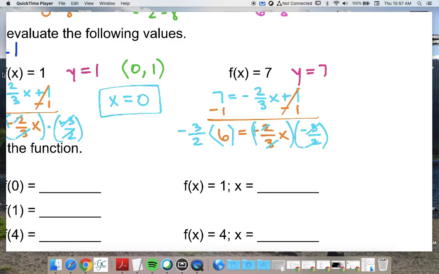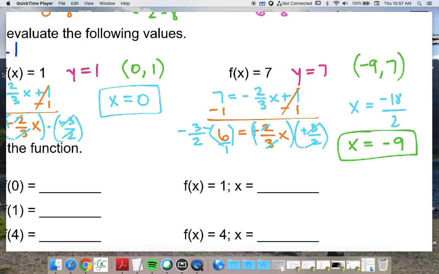All of those cancel, so we're left with x equals negative 3/2 times 6, that's really just 6 over 1. So negative 3 times 6 gives us negative 18. 2 times 1 gives us 2. We can simplify that this time, so x is equal to negative 9. So that would be the point negative 9, 7.